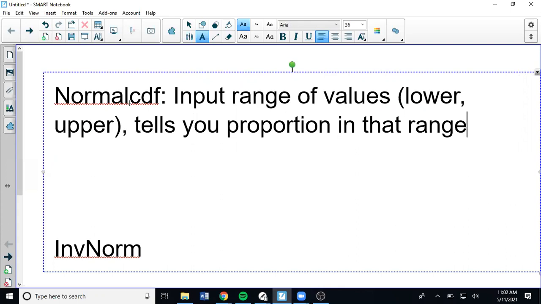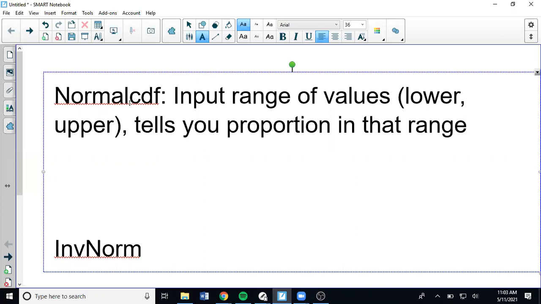So if you want to know about a percentage or a proportion or a probability, if that is what you're trying to find, then normal CDF is what you want to use. Same for t-scores, by the way. If you want to know a percentage that's in a certain range for t-scores, that is t-CDF.